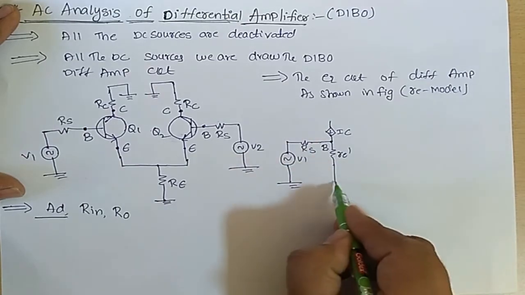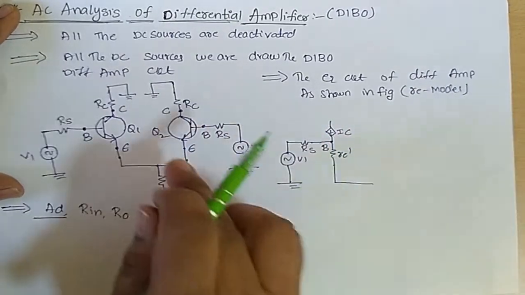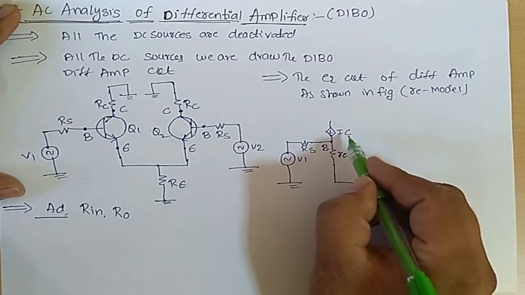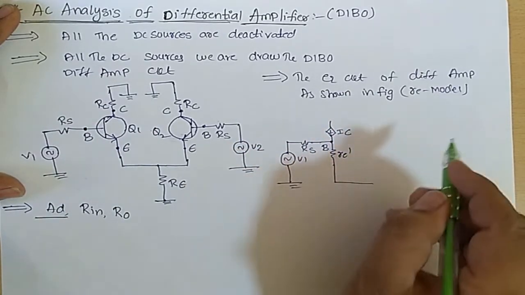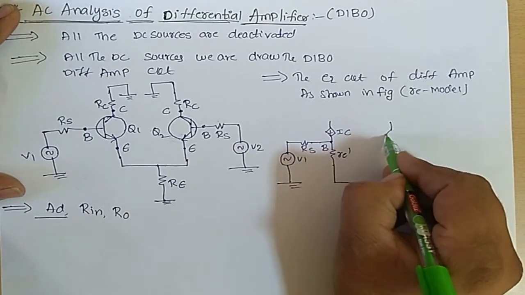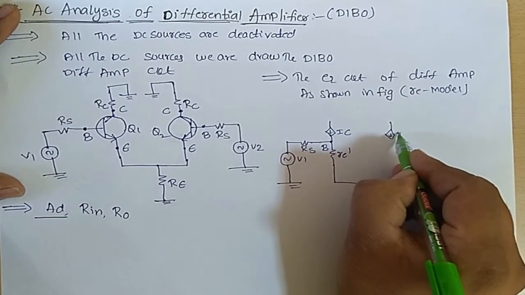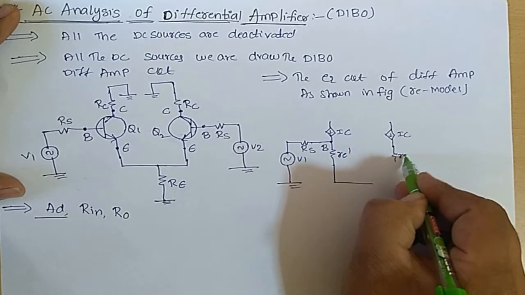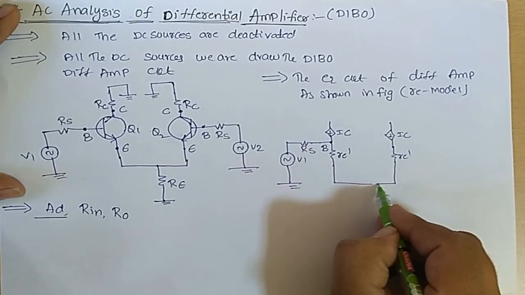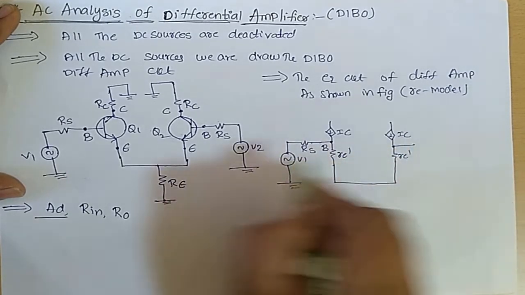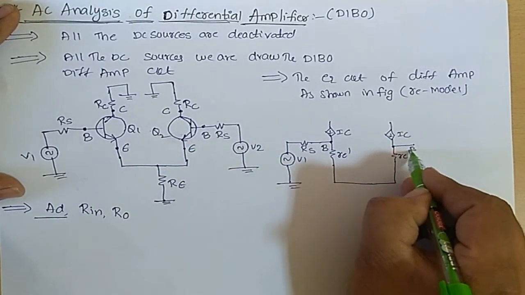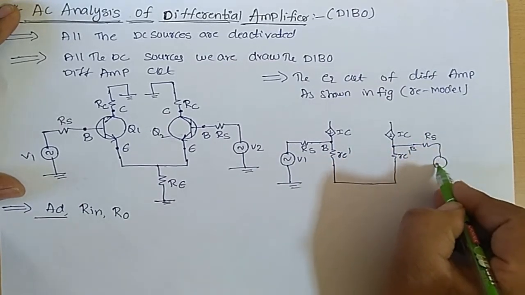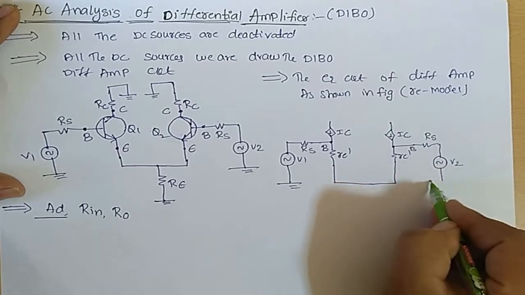Similarly, for the Q2 transistor we can draw the same re resistance and IC, with the base terminal as usual, the dependent source, and re dash. This is the base terminal of the Q2 transistor, connected to RS, and here we connect the input voltage V2.